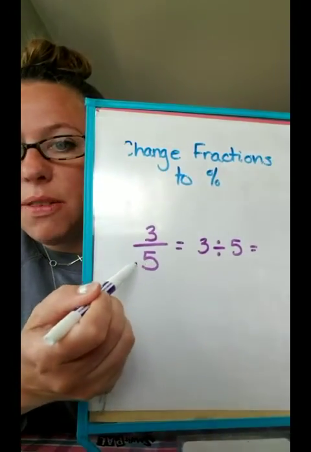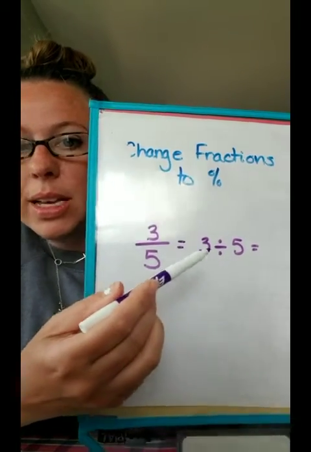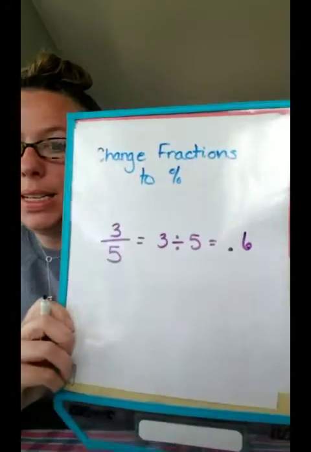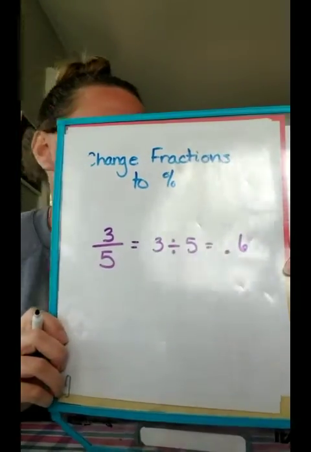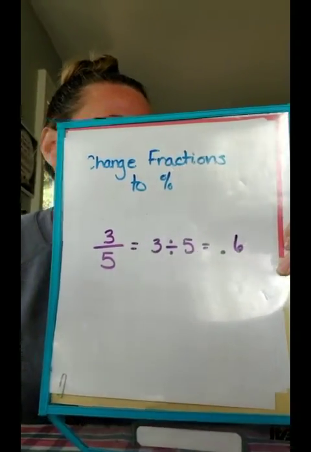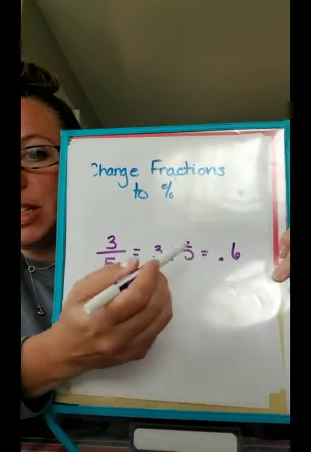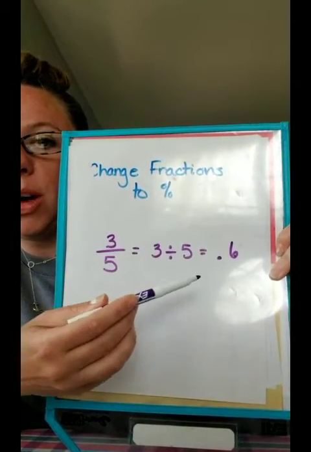You're just going to divide that 5 into 3, so it's going to be 3 divided by 5 equals, and if you actually divided those into each other, it's going to come up to be 0.6, okay? 0.6.